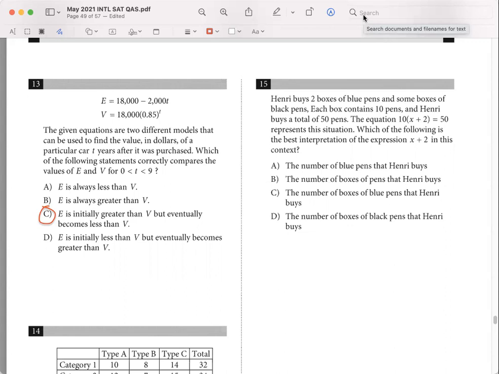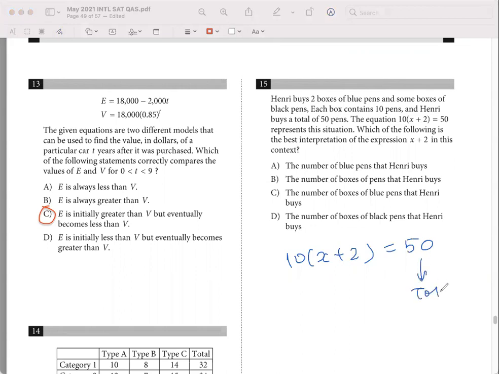Which of the following is the best interpretation of the expression x plus 2? So 10 times x plus 2 is 50. This is the total number of pens that Henry has purchased. This is the number of pens in one box, right?